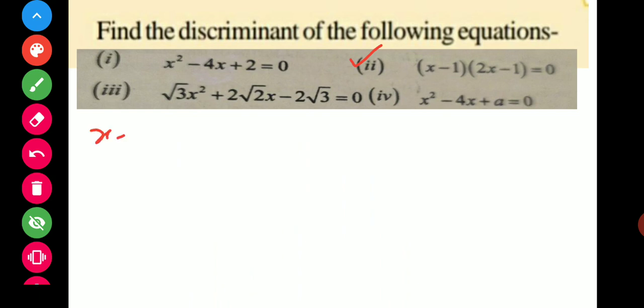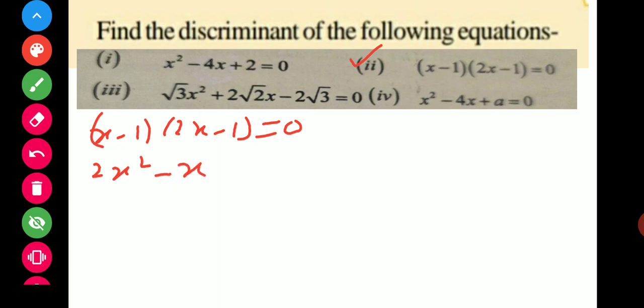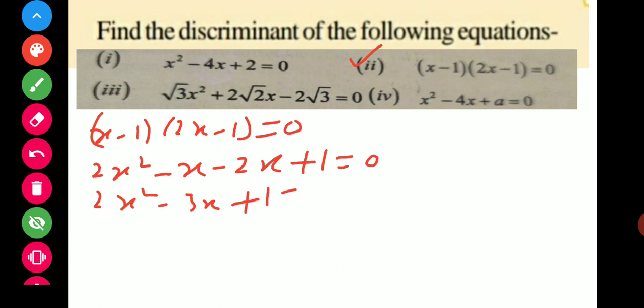So x minus 1 and 2x minus 1: x into 2x is 2x square, and minus x into 1 is minus x, and minus 1 into 2x is minus 2x, and minus 1 multiplied by minus 1 gives plus 1. So 2x square minus 3x plus 1 equal to 0.